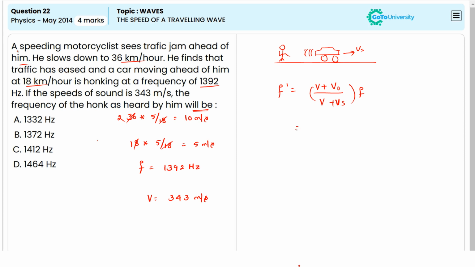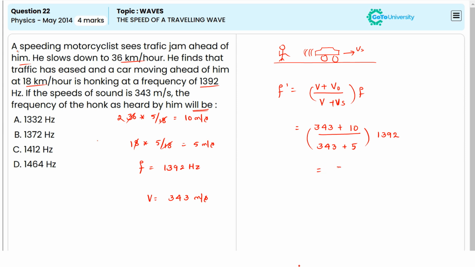Then by substituting the values, V is equal to 343 and V naught, that is the observer, is equal to 10, divided by V is equal to 343 plus Vs is equal to 5, into the frequency given as 1392.